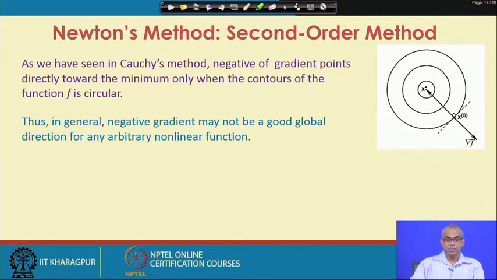So, in general the negative gradient may not be a good global direction for any arbitrary nonlinear function.